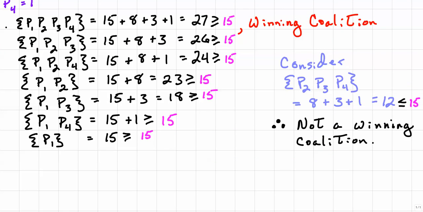Now we note that there are 1, 2, 3, 4, 5, 6, 7 winning coalitions. Okay, so P sub 1 is a critical player for all 7 coalitions.